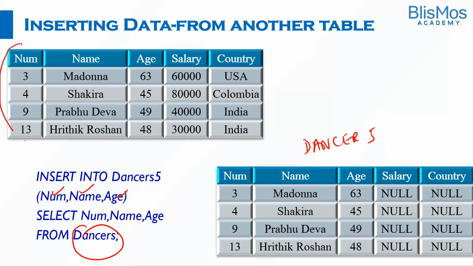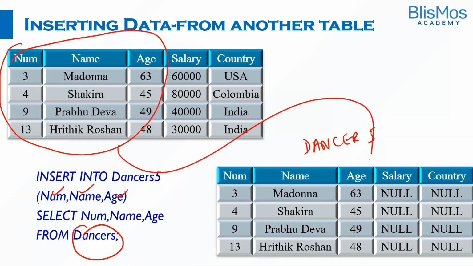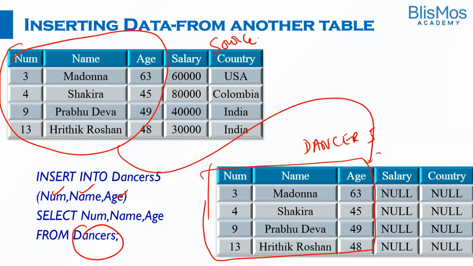We are interested in only these three columns to be loaded into the dancers5 table. This is how you load the data by selecting only a few columns from a source table and loading that into a target table.